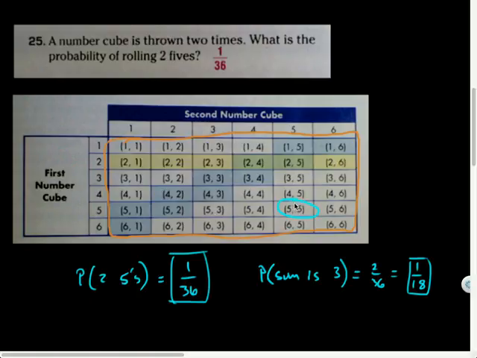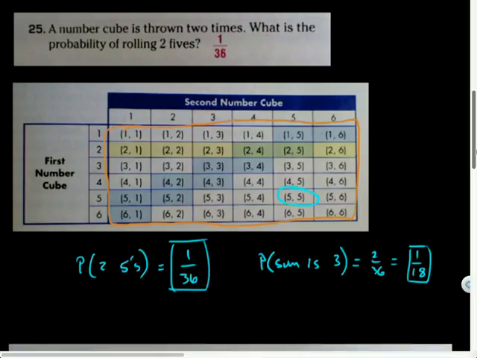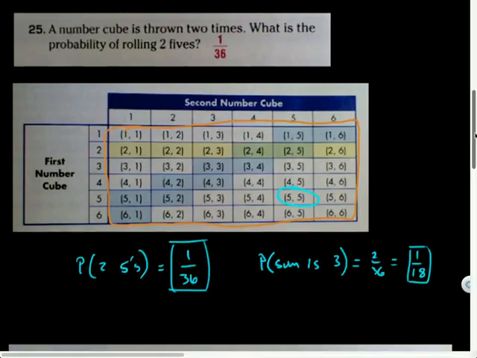You could ask, what's the probability that you roll at least one 3 and the sum is greater than 6, or something like that. You can come up with all sorts of weird things and narrow it down. But that's the idea of a sample space. That's the easiest way to do that, unless you realize that rolling 2 5s can only happen one way.